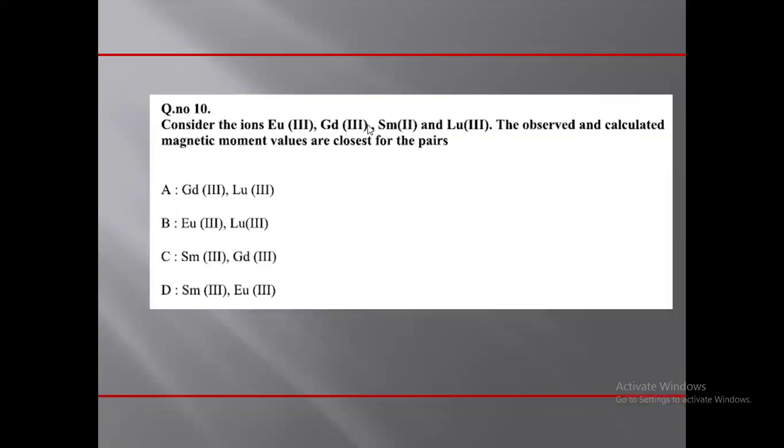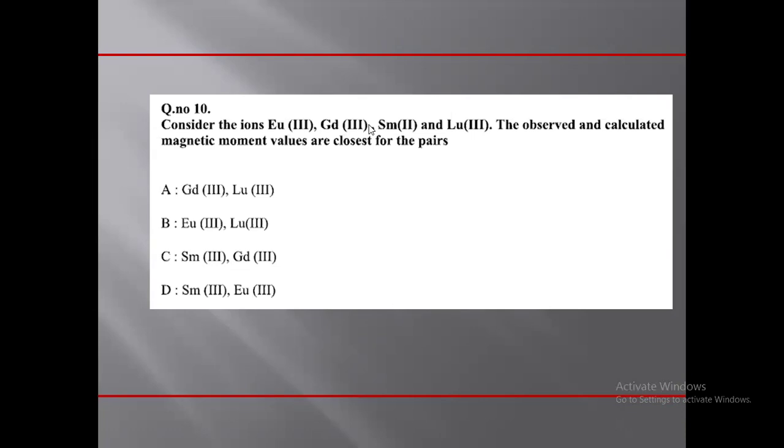Question number 10. Consider the ions europium, gadolinium, samarium, and lutetium. The observed and calculated magnetic moment values are closest for which pair?